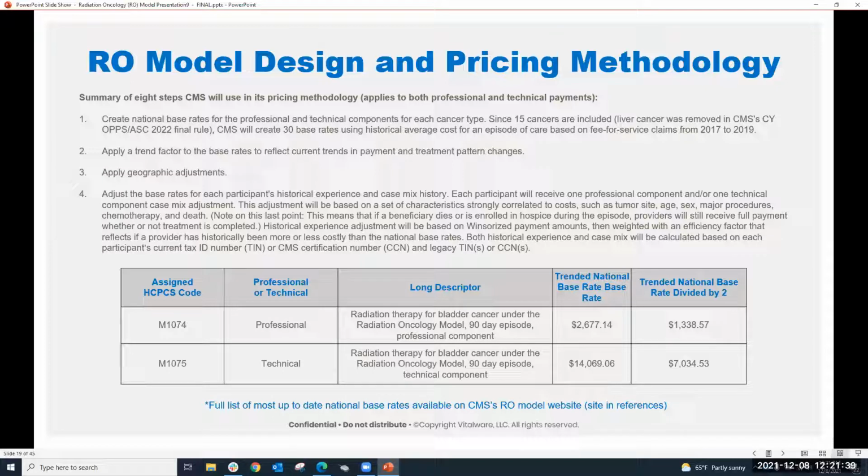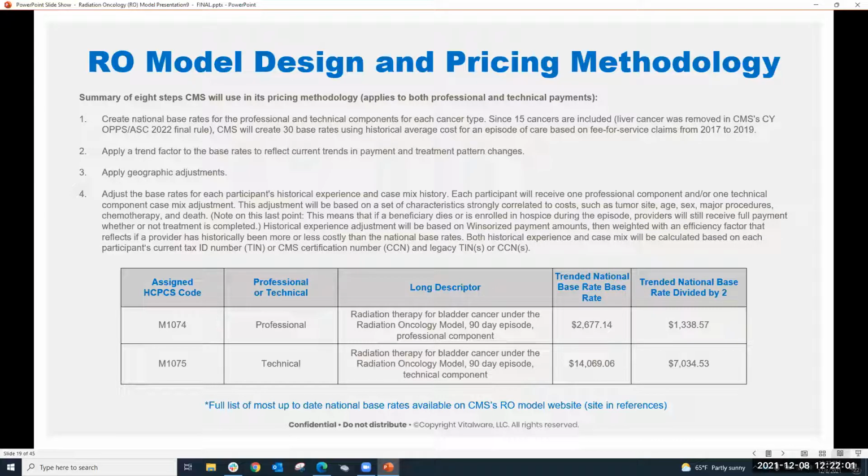And it'll tell you which HCPCS code needs to be used for that particular type of cancer included in the model, whether it's the professional or the technical piece. And then it'll give you the trended national base rate, divided by 2, because you have your first payment at the beginning of the episode and your second at the end of the episode.